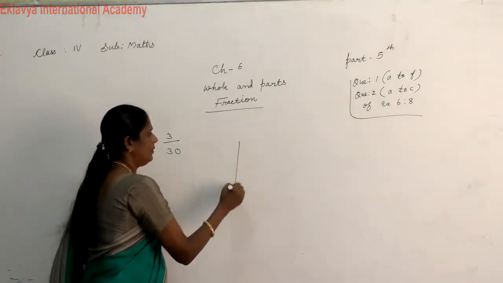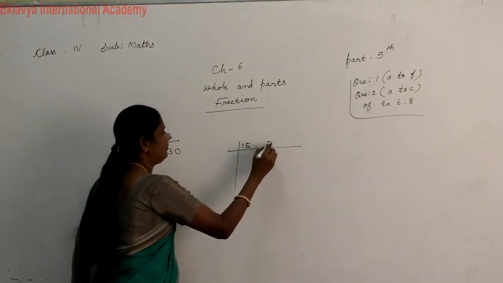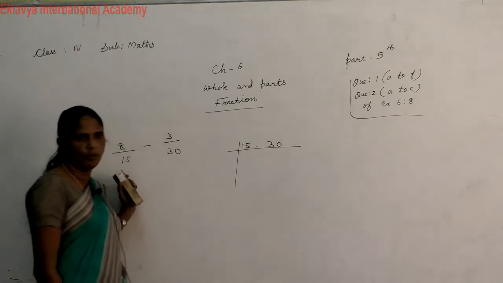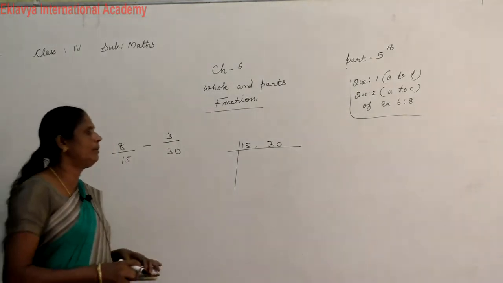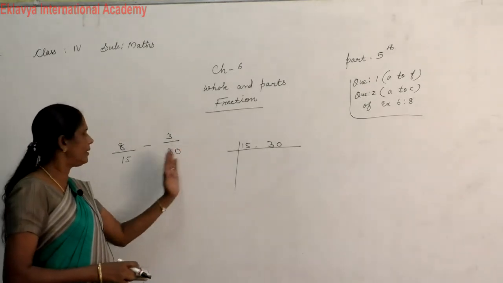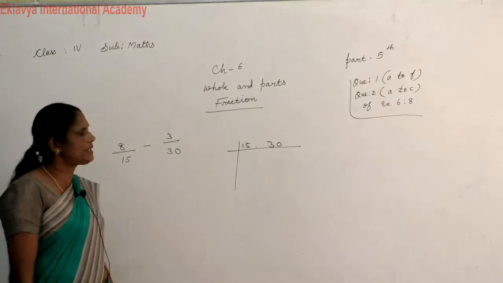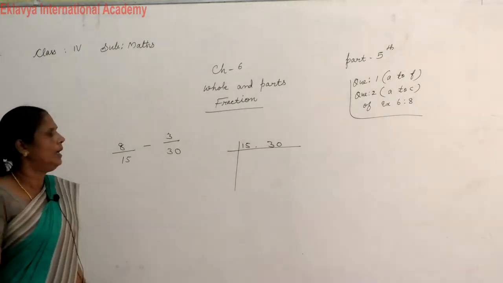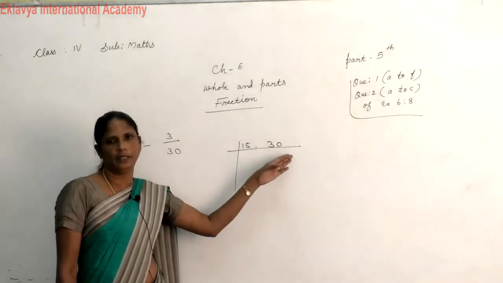Here, you know the LCM. What is LCM? Least common multiple or lowest common multiple. Here 15 and 30. First you find the LCM of 15 and 30.